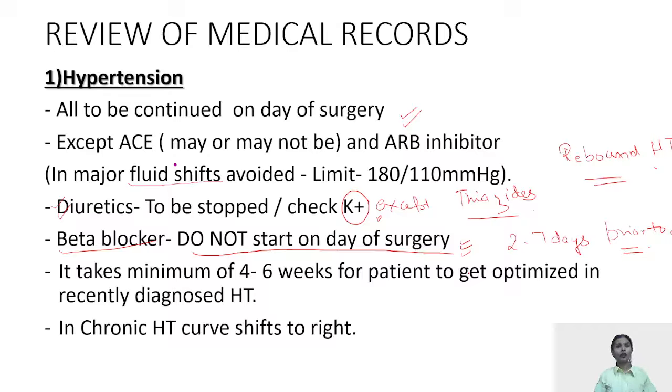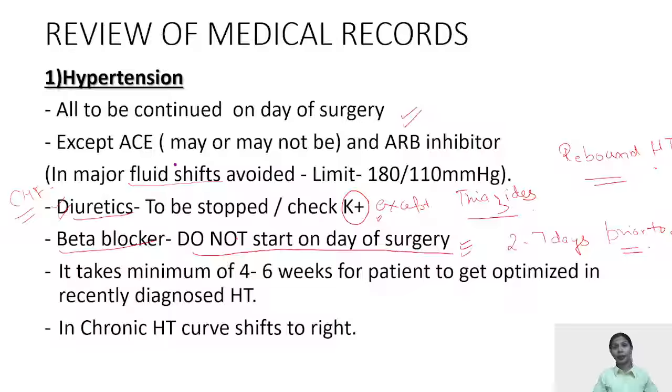One more twist is there when we are using the diuretics, that is the exception when the diuretics have to be continued on the day of the surgery also. That is in cases who have a decompensated congestive heart failure. If you are dealing with such a case who has a CHF, in that case the diuretics have to be continued on the day of the surgery as well.